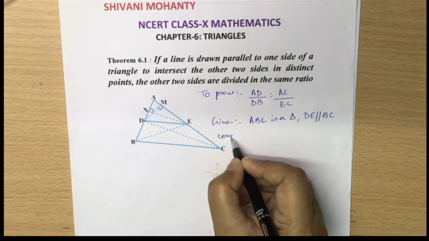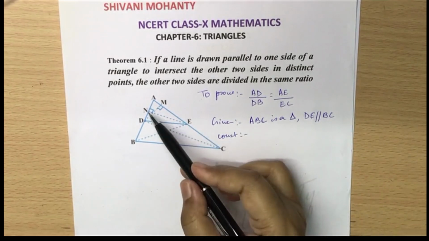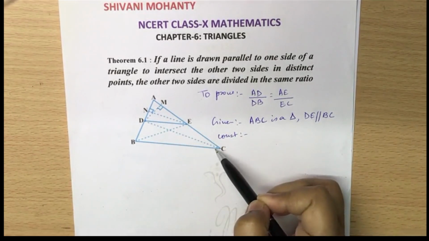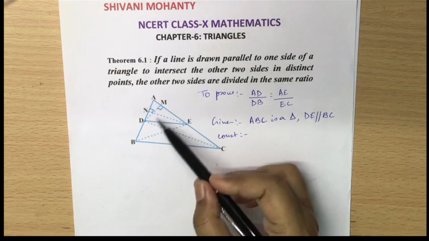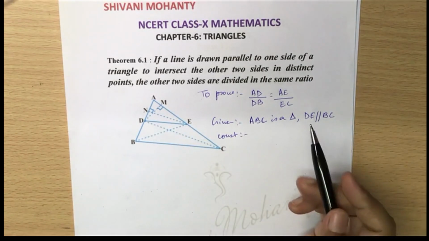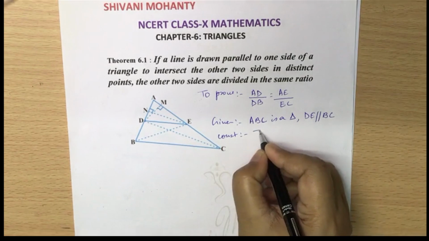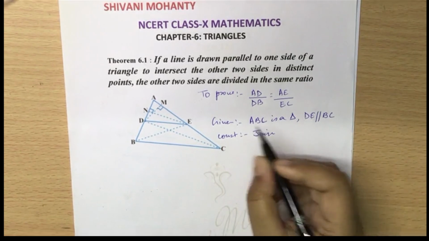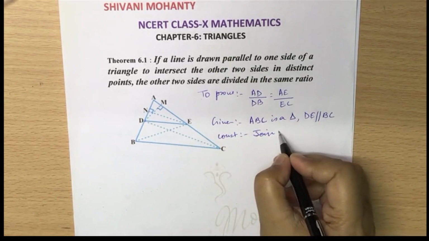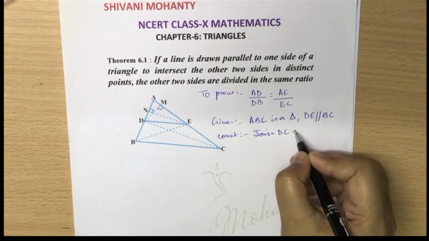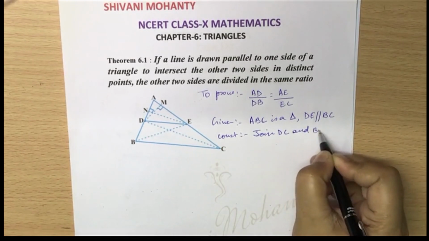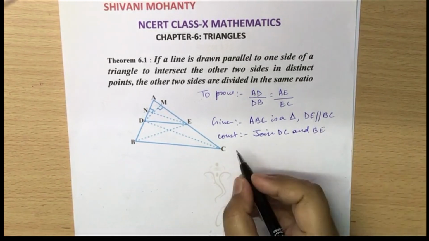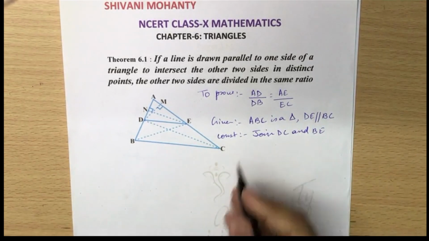Now, construction work. I have already drawn the construction work over here, but whatever are the dotted lines, these are the construction work. Okay, construction: join DC and BE, and draw perpendiculars.